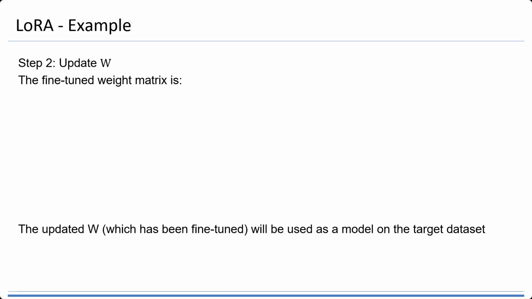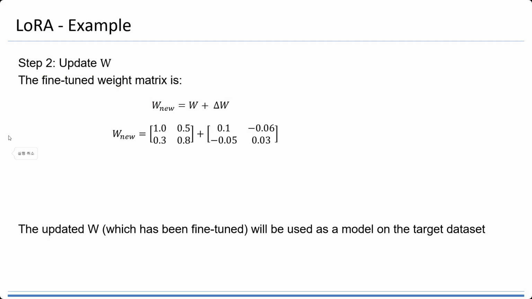And after we got the delta W, we can update the weight matrix. So we say this is the fine-tuned weight matrix. We want to add the W with the delta W. The delta W is from the multiplication of A and B. Then we will get a new weight.